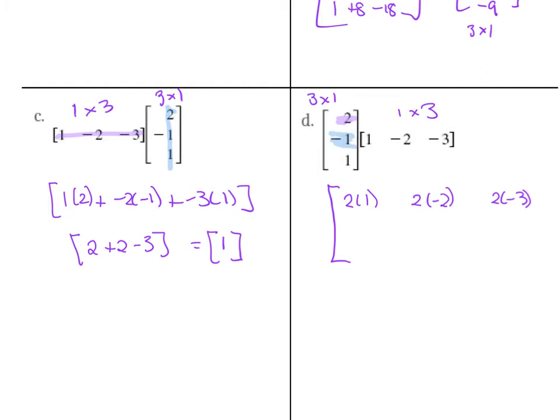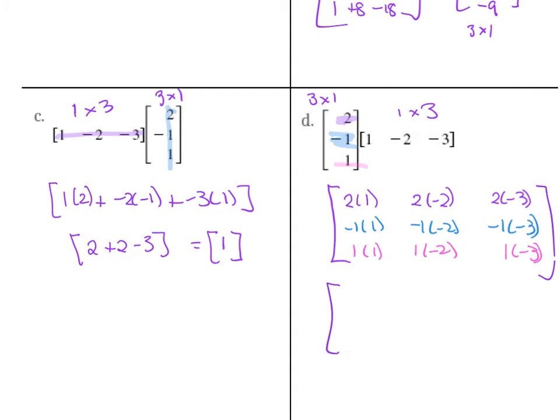So let's do the next row. So this is -1 times 1, and then -1 times -2, and -1 times -3. And then for our final row, this is 1 times 1, and then 1 times -2, and 1 times -3.